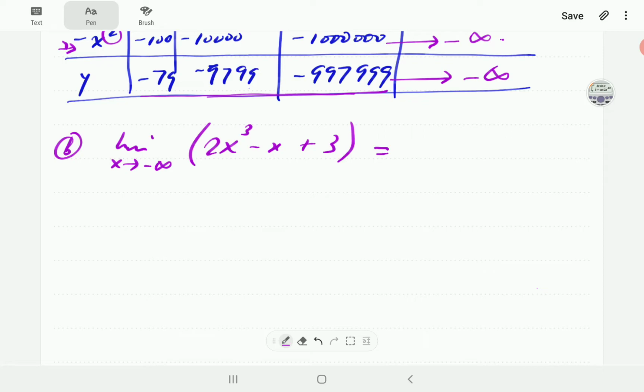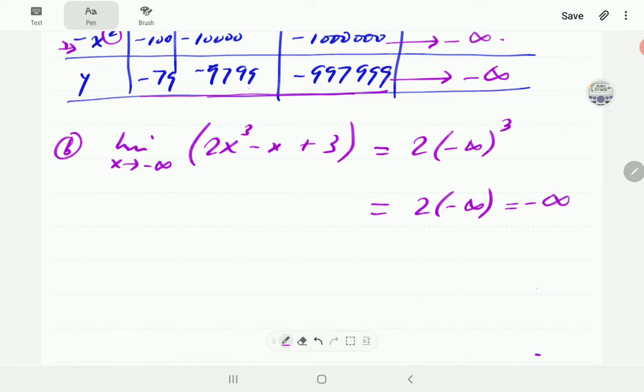Allow me to do it like this. This term is going to go to 2 times negative infinity cubed. And then based on the rules of arithmetic with infinity, this is going to be 2 times negative infinity.